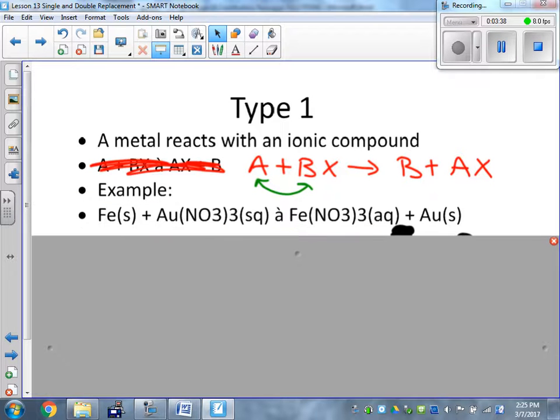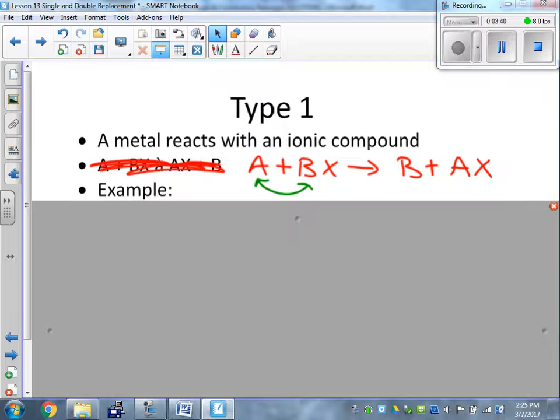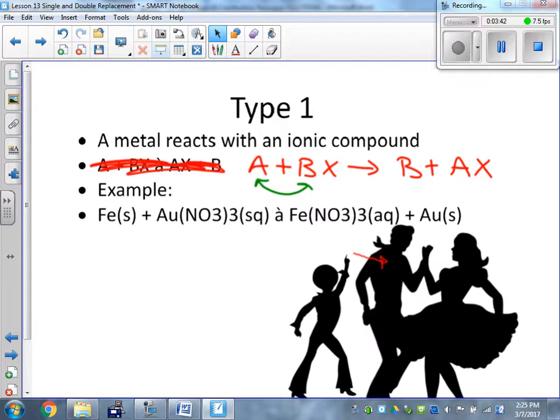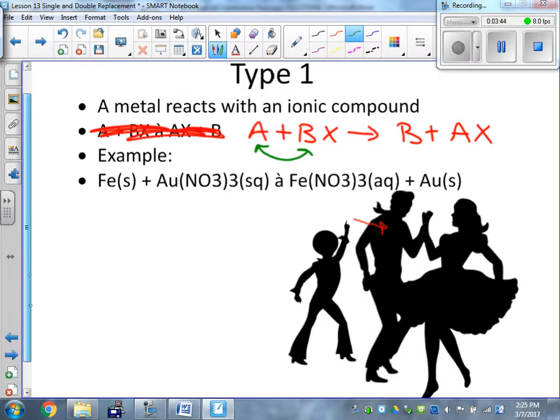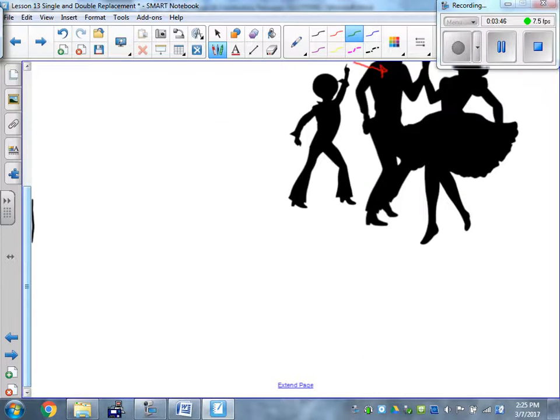An example. Don't copy down the next part here, guys. Just follow me. Let's go down to the bottom here and write iron plus, what do we have here? Gold nitrate. I think that's right.